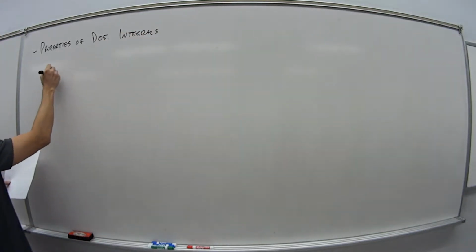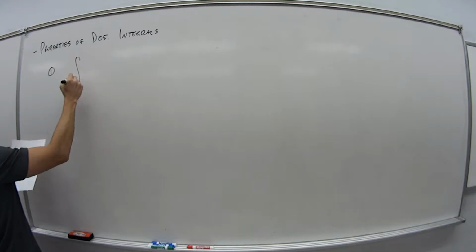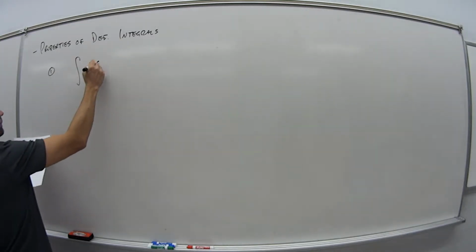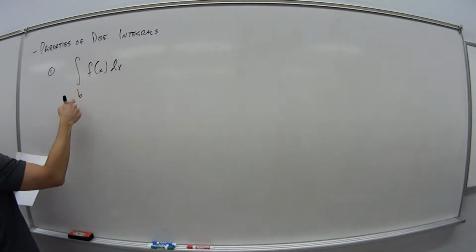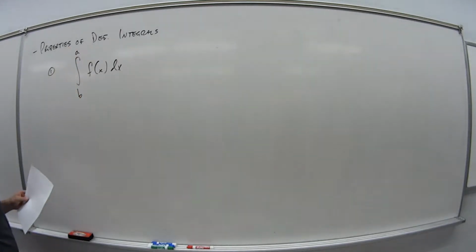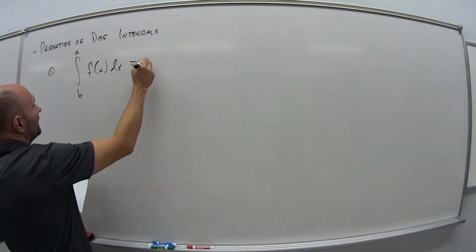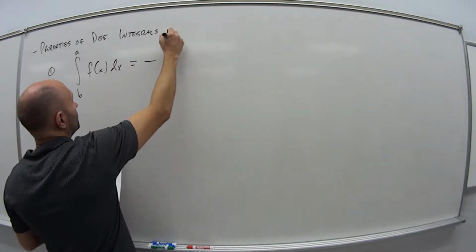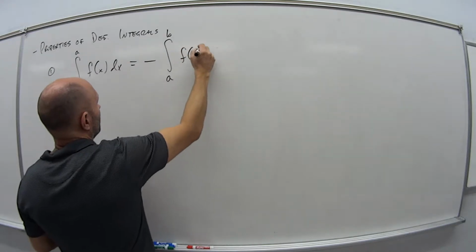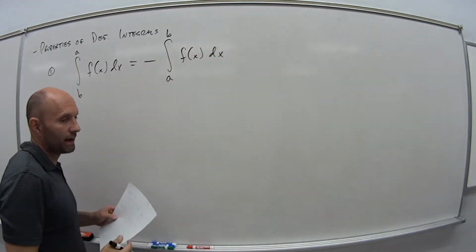So the first one is that if I have an integral of f of x dx, but with b on the bottom and a on the top, that's the same as if I just take the negative value of the integral from a to b of f of x dx.